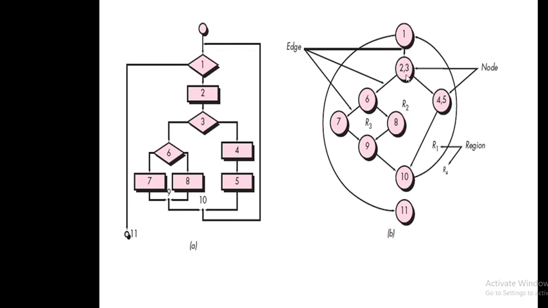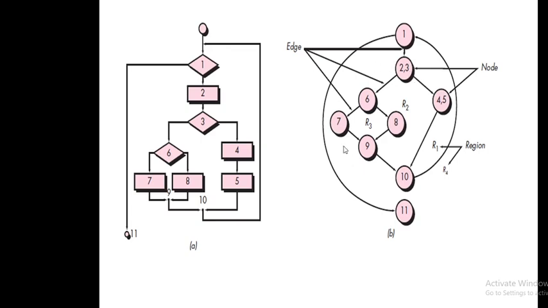That's why here statement 2 and statement 3 are placed in a single node, and statement 4 and statement 5 are placed in a single node. If these statements are of a similar type, then we can combine them and place them in a single node. It is possible in flow graphs.